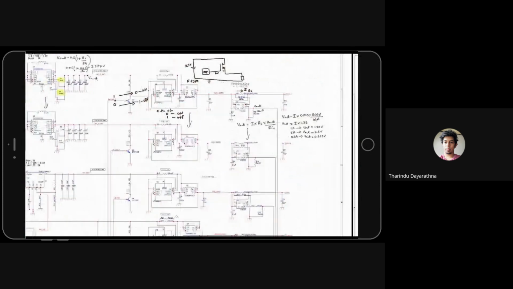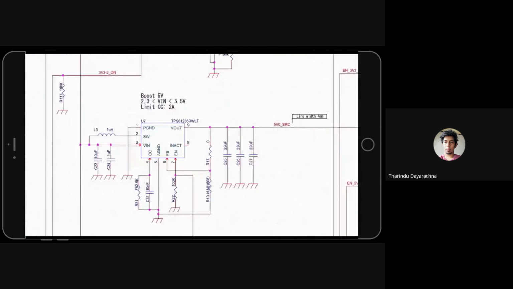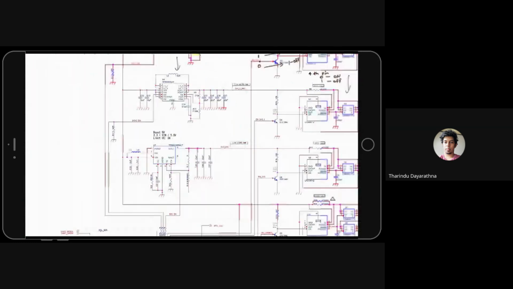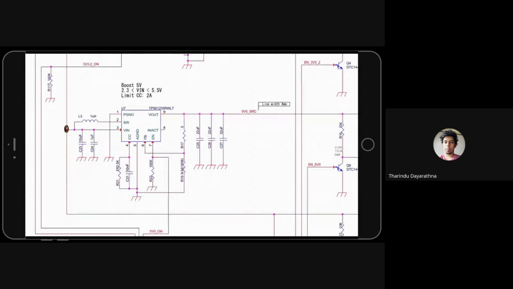Now let's go to the 5 volt one. It gets the power from the raw voltage here. So it's a different chip, because this is a boost converter. You can see this 5 volt chip's input should be 2.3 to 5 volt.